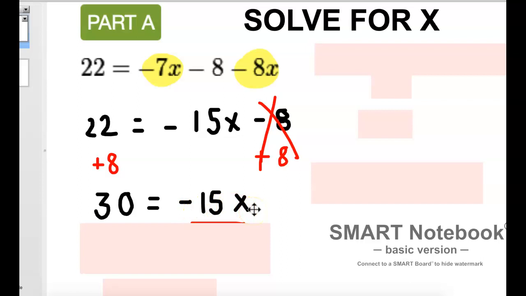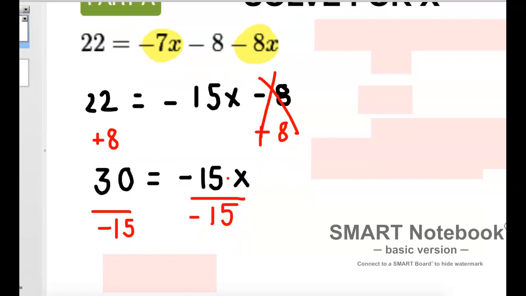Again, the goal is to get just one x by itself. So negative 15x, remember, that's like negative 15 times x. So to undo multiplying by negative 15, we're going to divide both sides of the equation by negative 15, because the inverse of multiplication is division. On the left-hand side, 30 divided by negative 15, we'll just type that in Desmos, and that's going to give us negative 2.